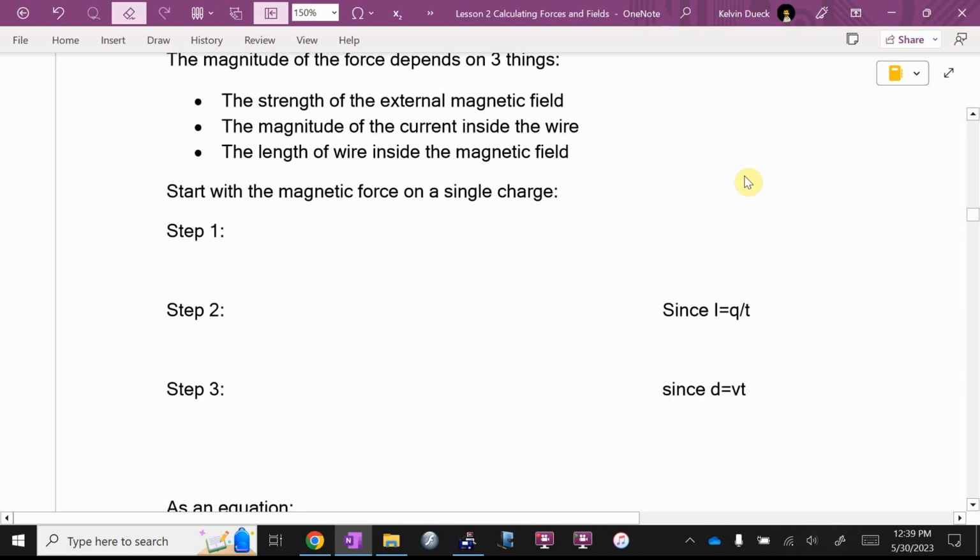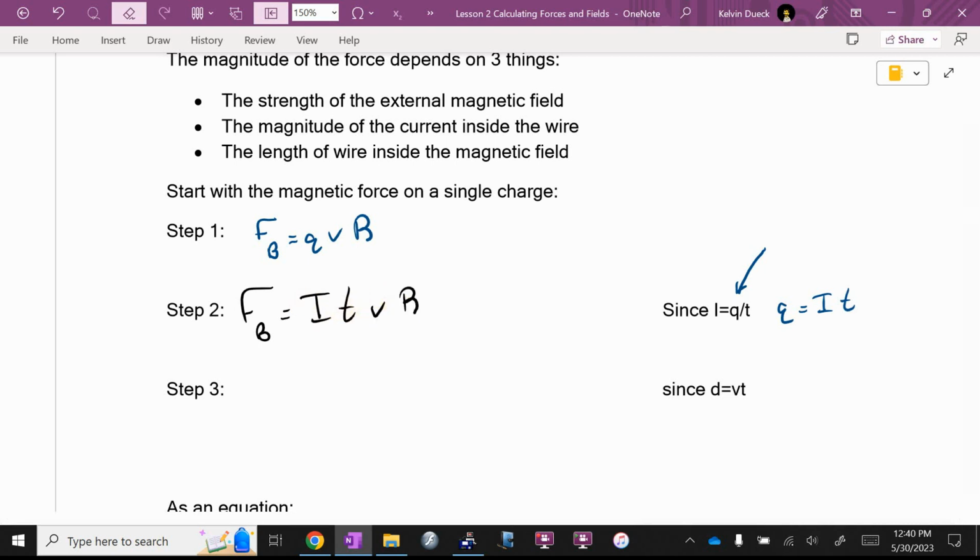We're going to start with our equation we just did, FB equals QVB. And then because current was defined as Q over T, Joanna, get the Q by itself, please. I can replace the Q with IT. So on the next line, I'm going to write FB equals ITV.